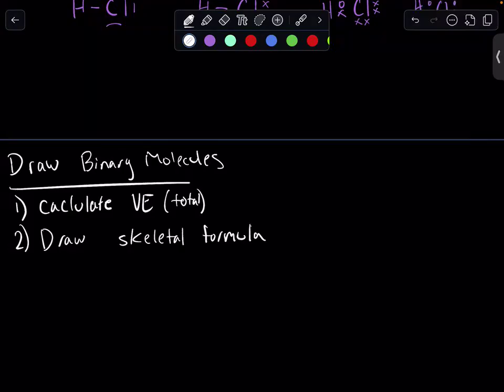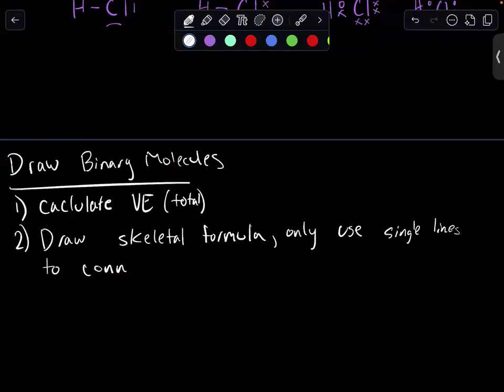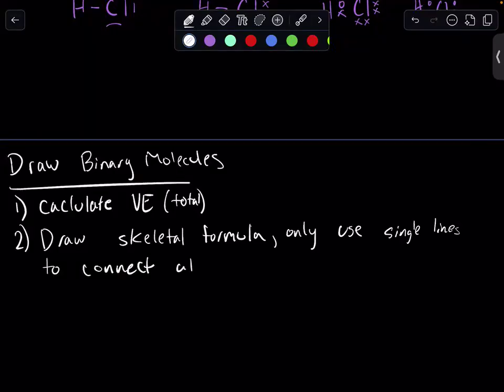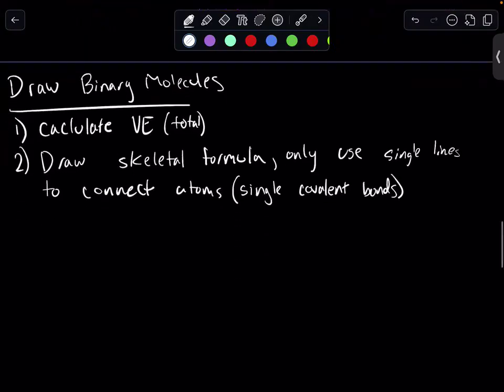And when we draw a skeletal formula, we're going to only use single lines to connect atoms. And single lines, that's the same thing as a single covalent bond. We'll talk about other types of covalent bonds in a future section, but single covalent bonds, that is 2 electrons.